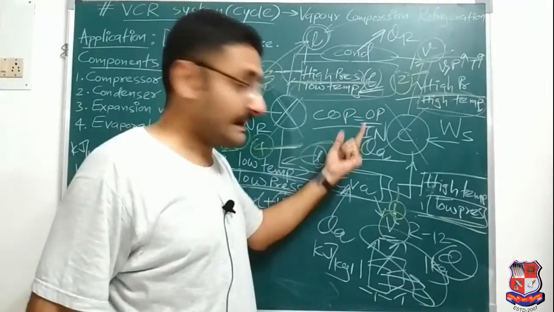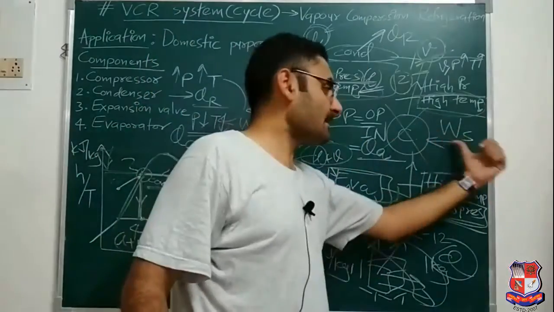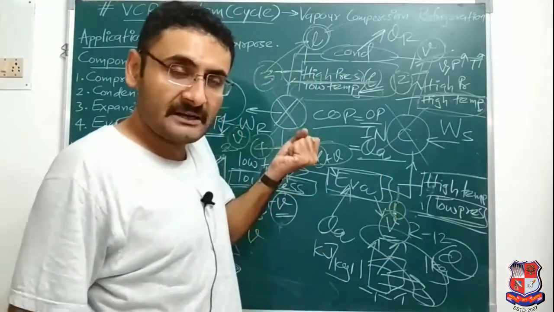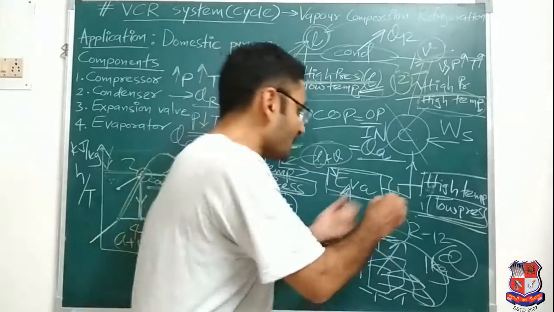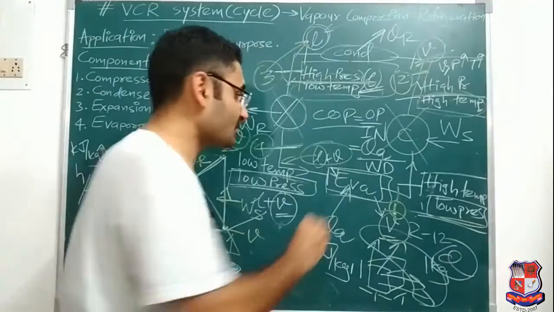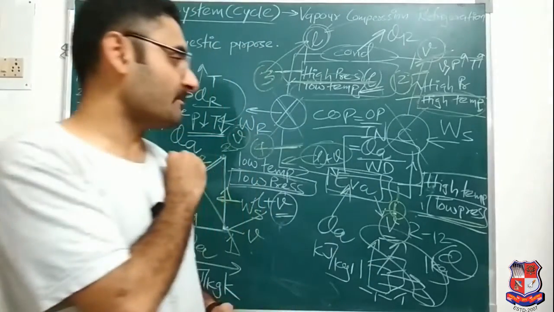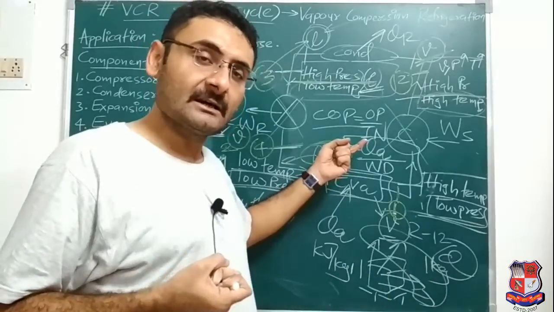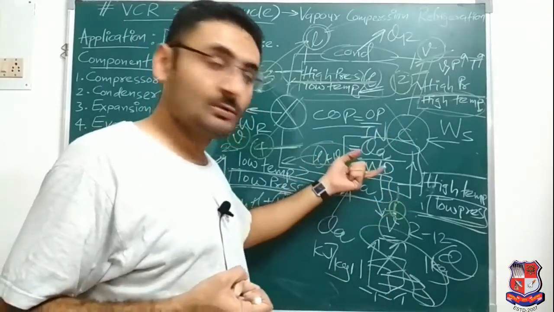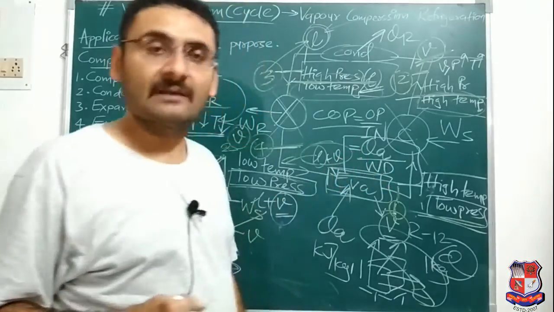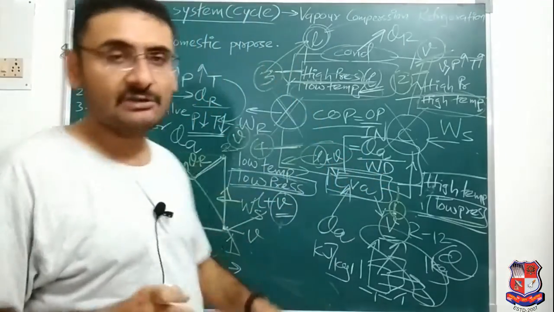In front of that, the input will be what? Obviously, if you supply some work to the compressor, then only will the evaporator absorb the heat and low temperature be maintained. So input will be the work done by the compressor. So the COP equation you have to remember is the refrigerating effect or heat absorption by the evaporator, divided by the work done by the compressor.